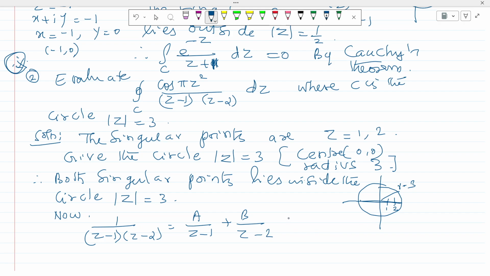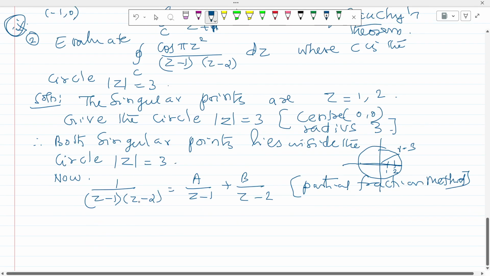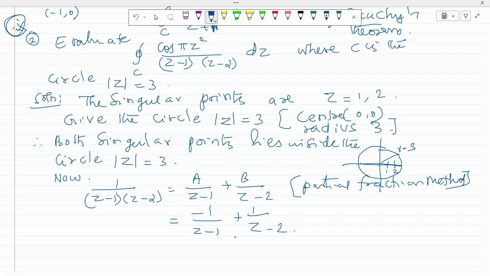What is that method called? Partial fraction method. Using the partial fraction method, you will get minus 1 by z minus 1 plus 1 by z minus 2. Here I am writing it directly, but it is a very simple problem; you can calculate it by the partial fraction method.